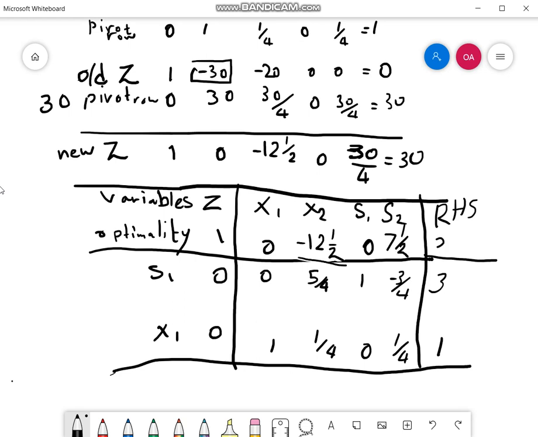It's equal to 30. So we haven't reached our optimality condition yet, because this value is still negative.